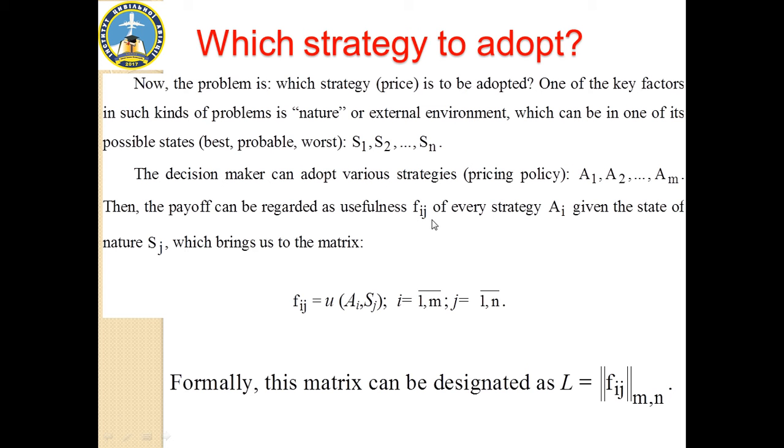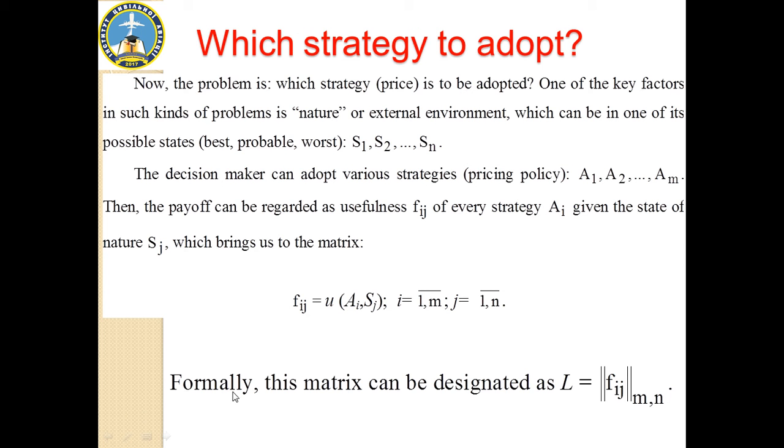So formally, mathematically speaking, we've got this payoff matrix with elements F sub ij equal to usefulness or payoff depending on strategy and states of nature, where the subscript i runs through all the strategies available, and j runs through all different states of nature that we know of. Formally, this matrix can be designated as L capital.